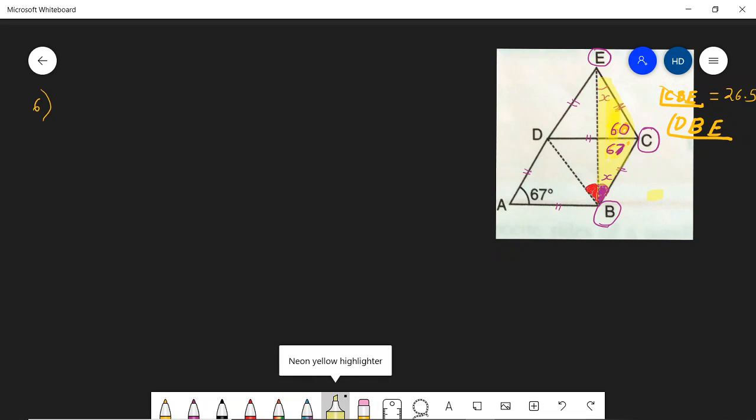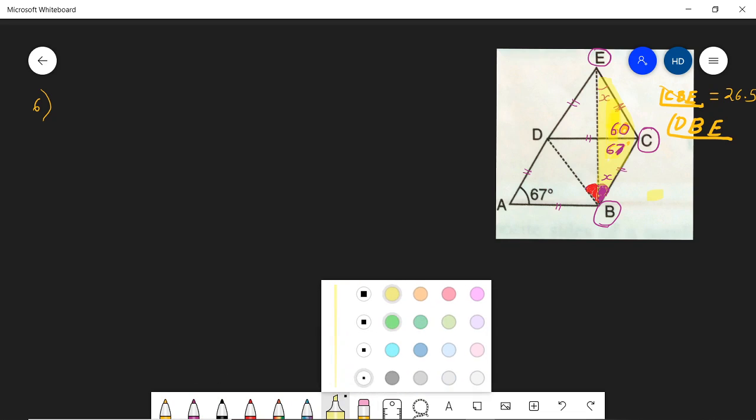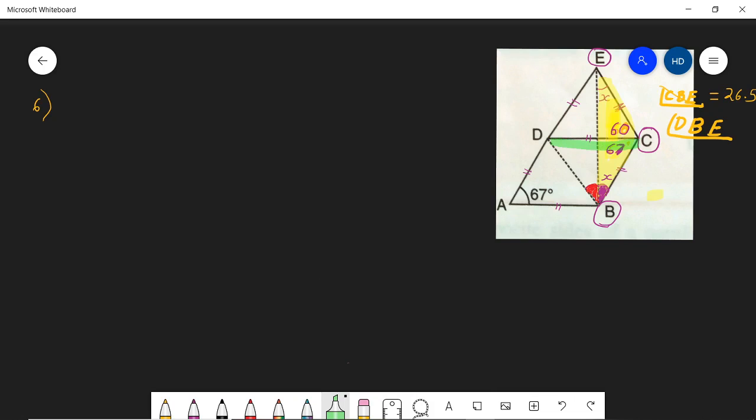I'm choosing this particular triangle BDC. So when I choose this triangle, what happens? Here I see that BC and CD are equal in length, so it is an isosceles triangle.